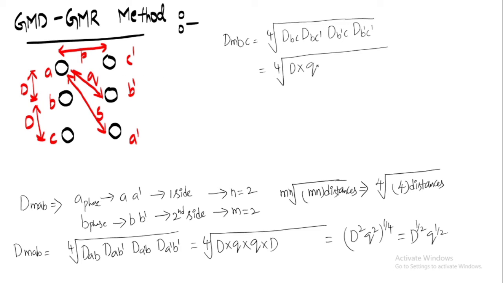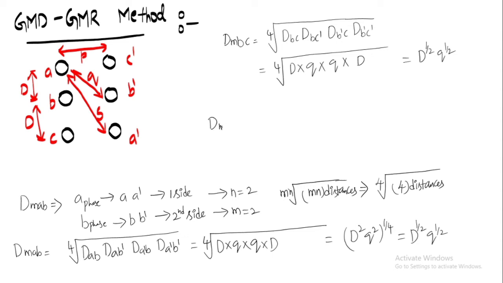So Q into B dash to C. Again it is smallest diagonal. So Q and B dash to C dash. B dash to C dash distance is same as B to A distance. So it is again D. Finally you will get the same value as DMAB. So D power 1 by 2, Q power 1 by 2.